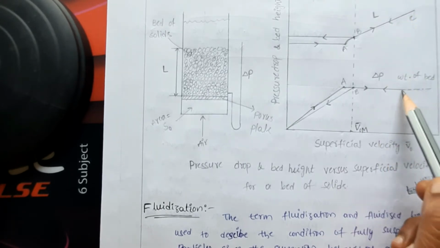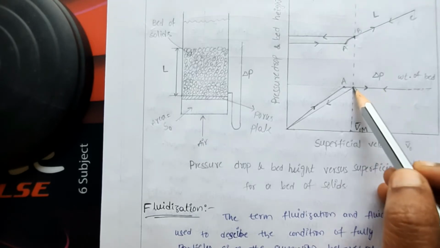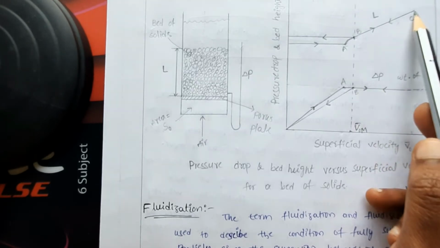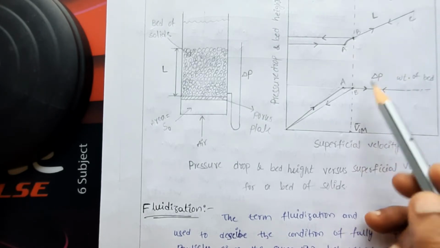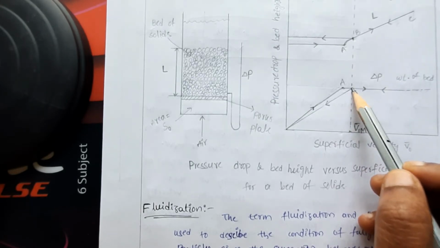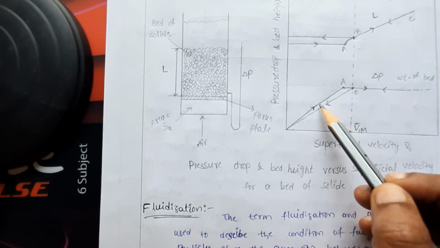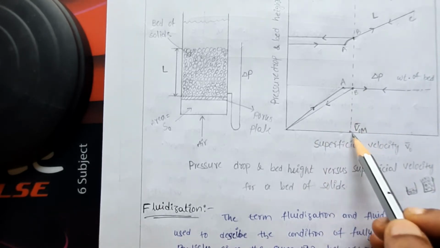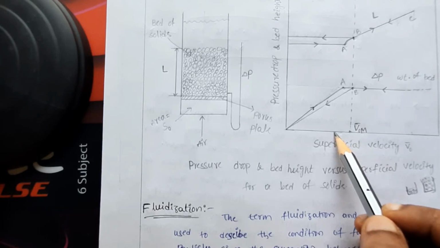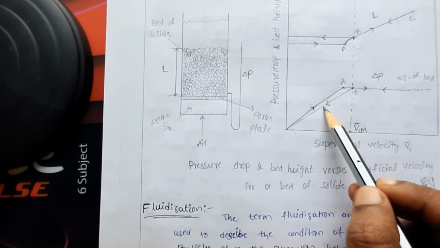Okay, if you again decrease the velocity and reach this particular point, that is B point in the case of bed height, the pressure drop will be lesser than the previous case. So again if you keep on decreasing the velocity of the fluid, the pressure drop curve will be like this.